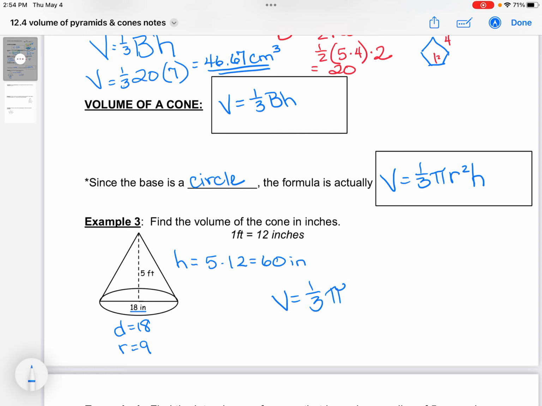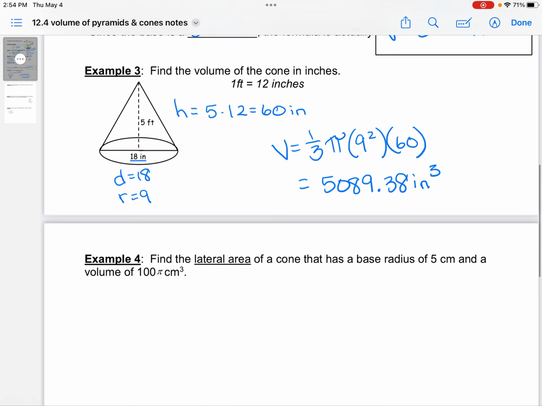All right, so volume. 1/3 pi 9 squared 60. Which is going to be 5,089.38 cubic inches.